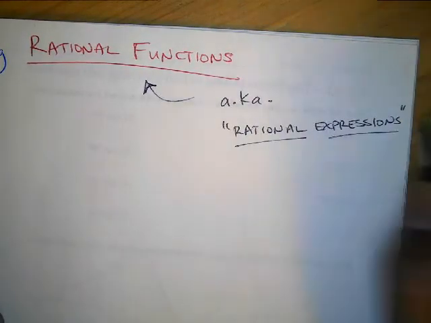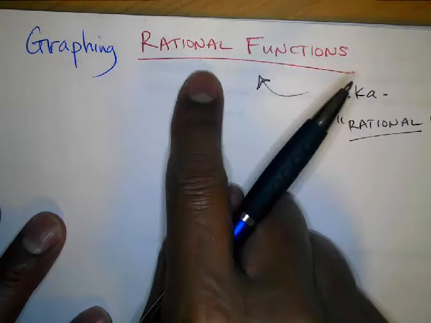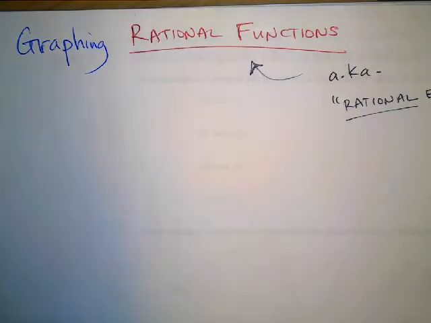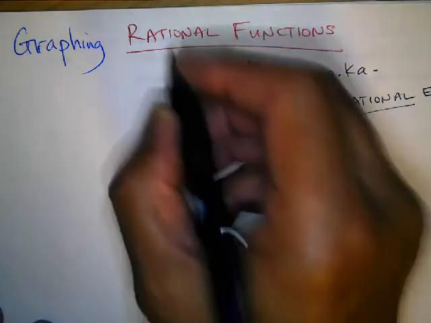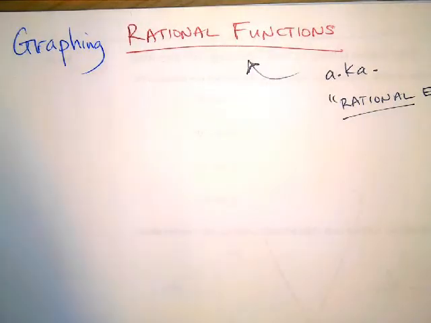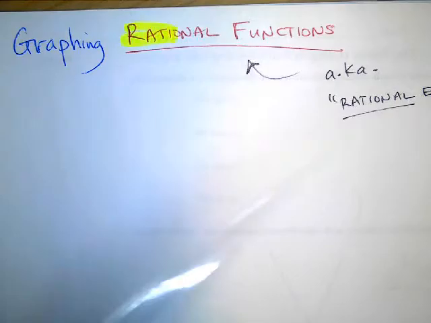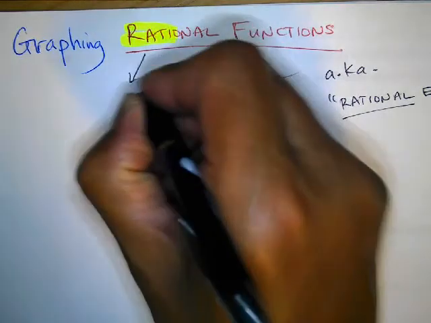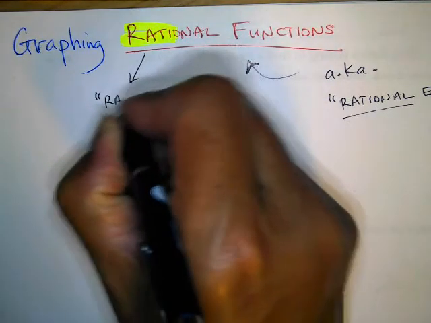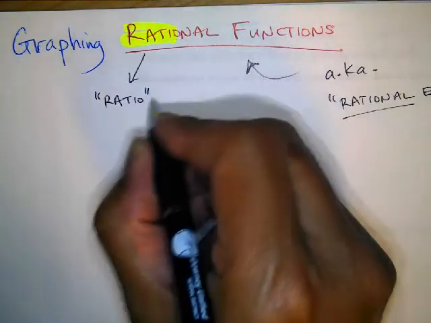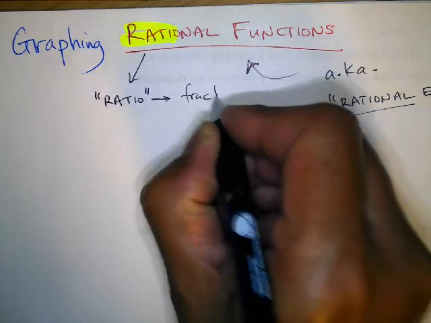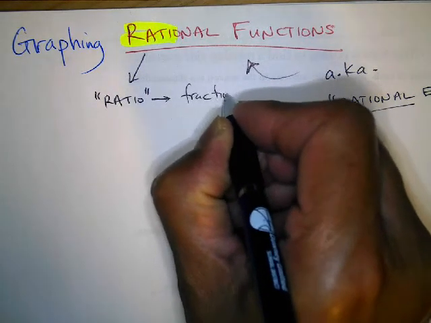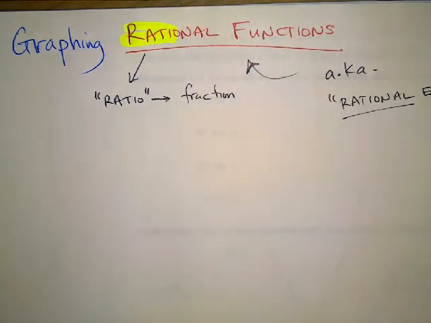The key thing is they both have the word rational, which refers to a ratio. And we know that a ratio means something like a fraction. We can see a ratio as a fraction.